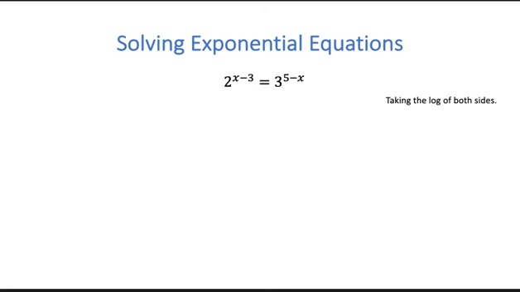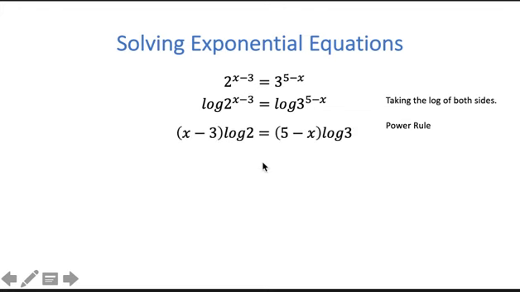We're going to take the log of both sides. The reason why I'm taking the log of both sides is it allows me to use the power rule. So once I have the expression written like this, I can take those exponents and write them in front. So I have x minus 3, which is multiplying the log of 2, and 5 minus x, which is multiplying the log of 3.